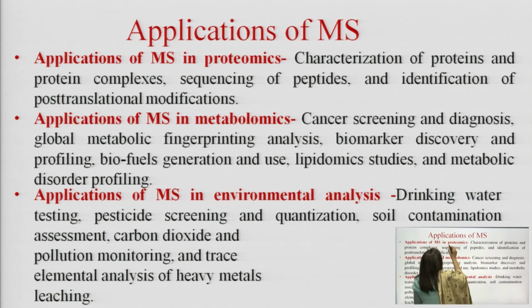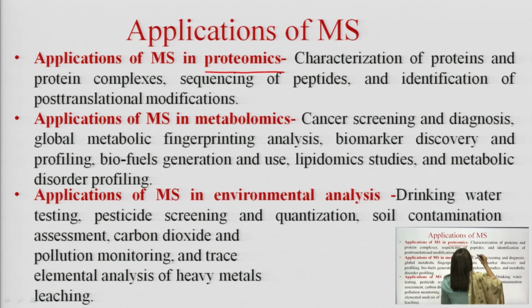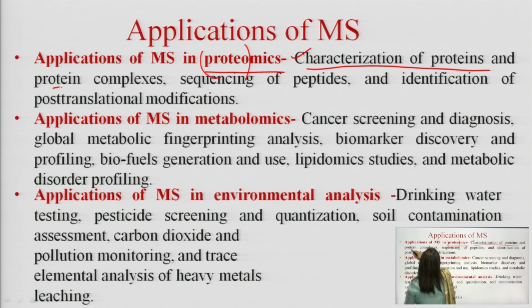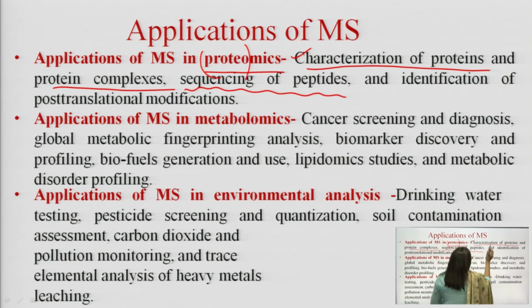The role of mass in proteomics. So, proteo, as the name suggests, is protein, and it includes the characterization of proteins and protein complexes. It includes the sequences of the peptides and identification of post translational modifications. Then comes the application of mass in metabolomics.